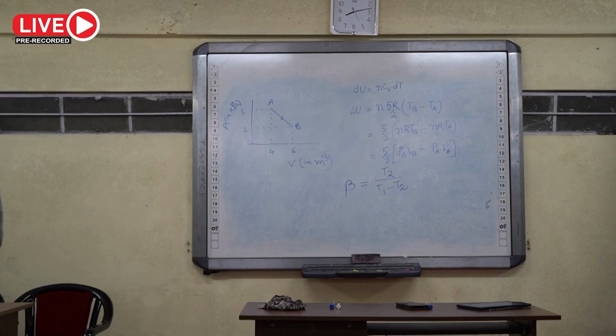So put the value of T2 and beta and solve for T1. During calculation, remember, you cannot put minus 13 degrees Celsius. First, minus 13 degrees Celsius has to be converted into Kelvin. Substitute there, find T1. T1 will come out in Kelvin, and then convert it again into Celsius. So it will be 39 degrees Celsius.